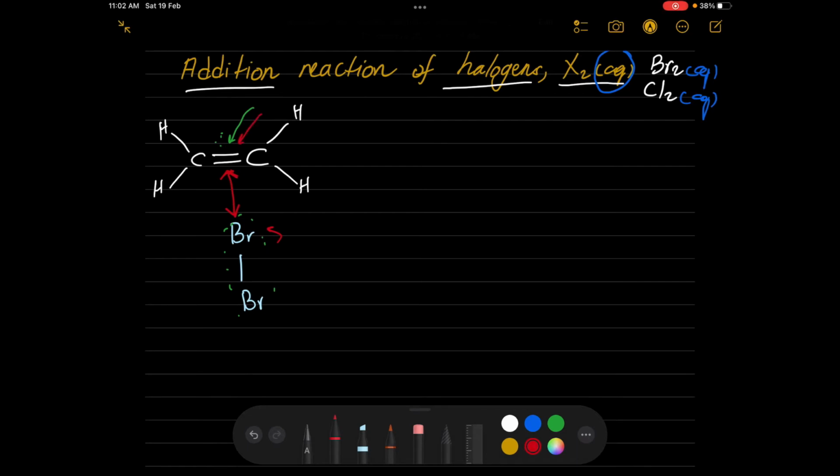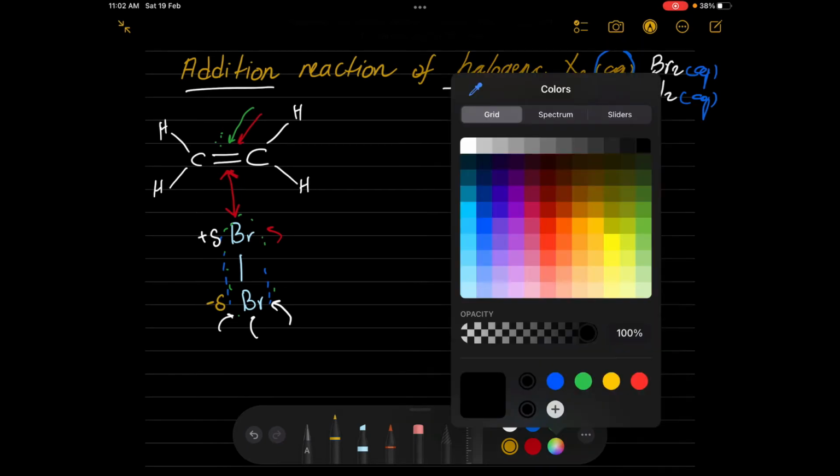As a result of that, all of the electrons in the bromine molecule will come here. And because the electrons inside this molecule are concentrated in here, all of them, this atom becomes partially positive, okay? And this one there, partially negative, okay?